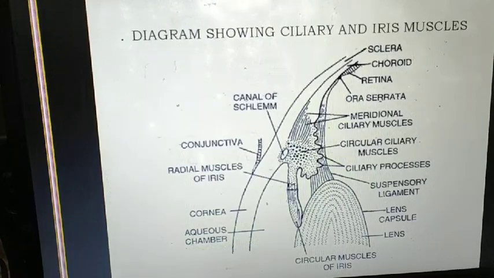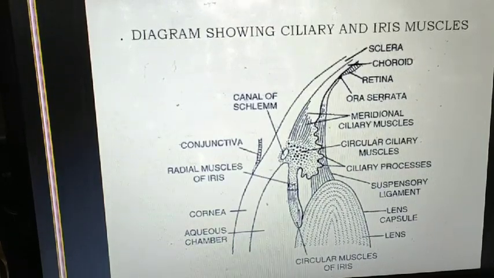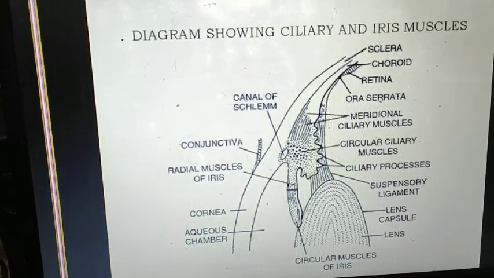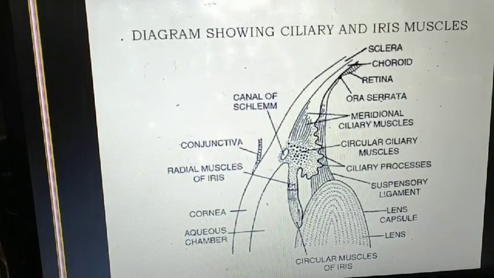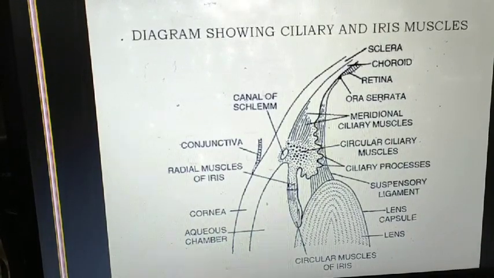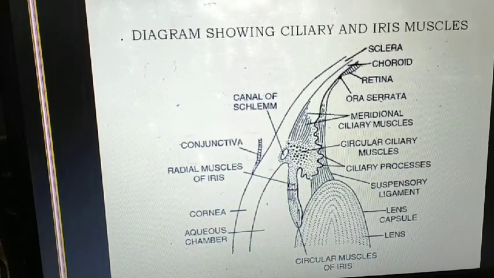Thus, the ciliary muscles alter the shape of the lens. The inner surface is folded to form ciliary processes which secrete the aqueous humor, and suspensory ligaments are very thin thread-like structures.